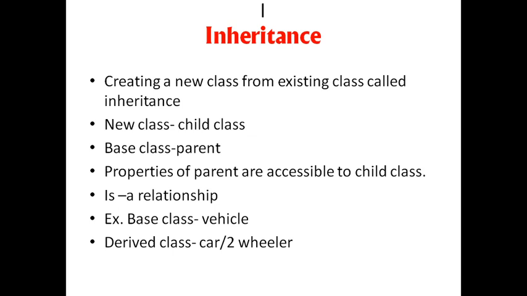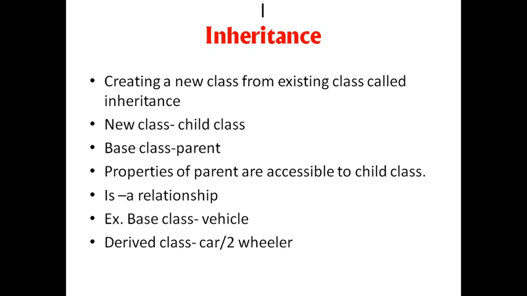Okay. Next is inheritance. Creating a new class from an existing class is called inheritance. New class and existing class are like child and parent. Child can be created from the parent. So child class we can say is the new class or derived class, from which? From the base class, and base class is parent. And properties of the parent are accessible to the child class. So what type of relationship is between child and parent?